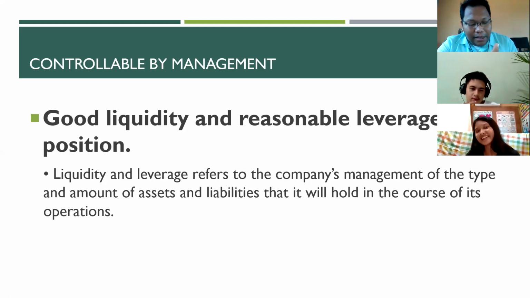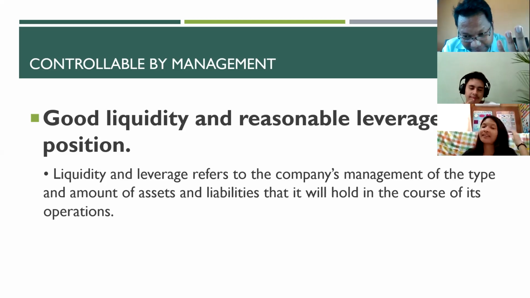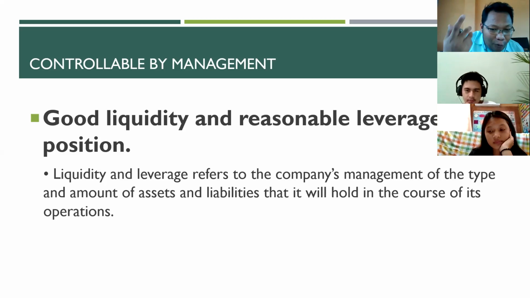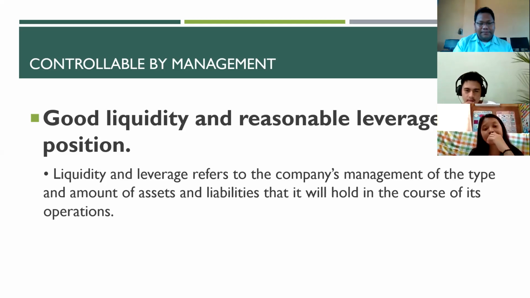If assets are the ones that the company owns, liabilities are those that you owe other people or other entities. There are things that you owe them. You ought to give to them in the form perhaps of cash or a service that you have yet to perform to others. That's a liability.